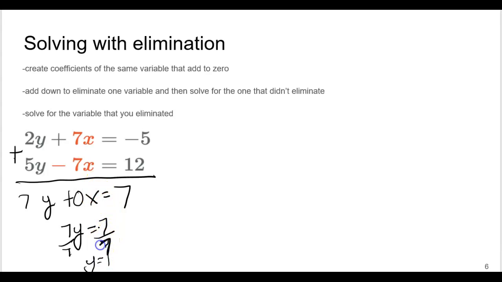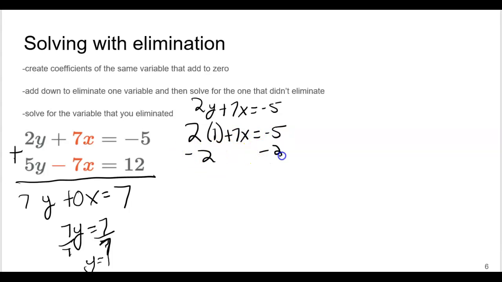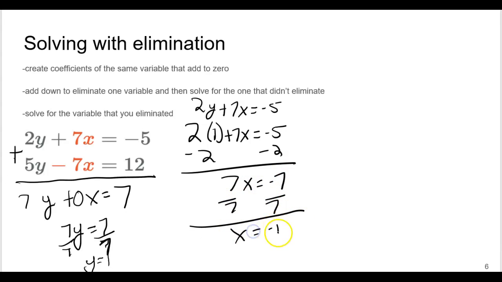Once I have that, I can plug that back into the equation to solve for the other variable that got eliminated. So we have our solution of -1, 1.